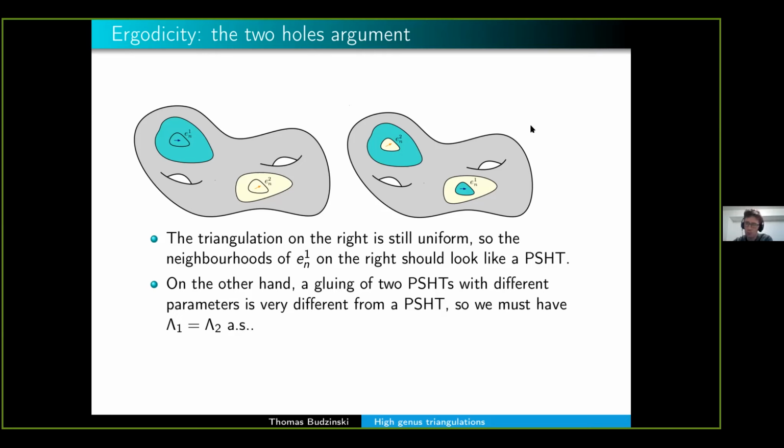So Baptiste has a project to prove that it's possible to find large expanders in uniform unicellular maps of high genus. I think the result is that you can find an expander containing a proportion 1 minus epsilon of the faces, but you need the expansion constant to get worse and worse if you want to take epsilon very small.